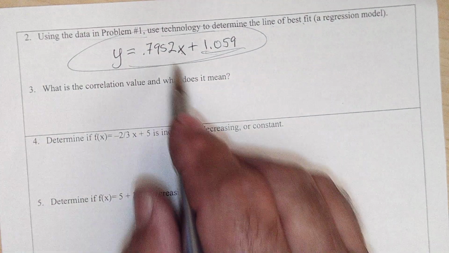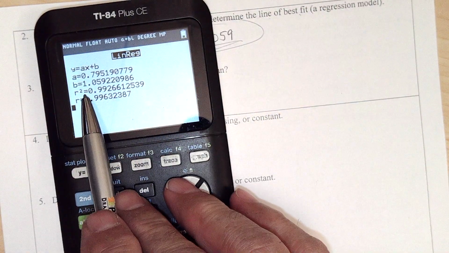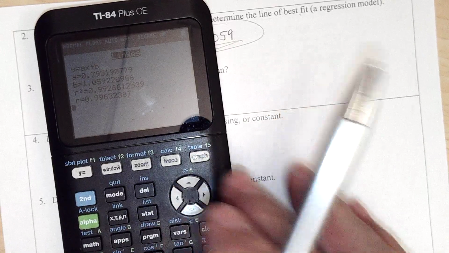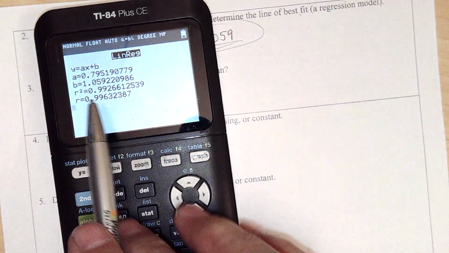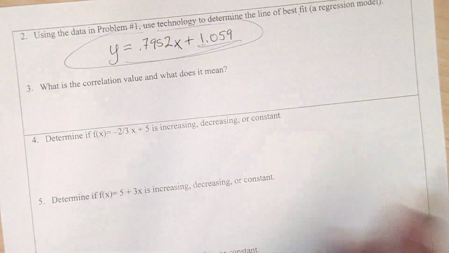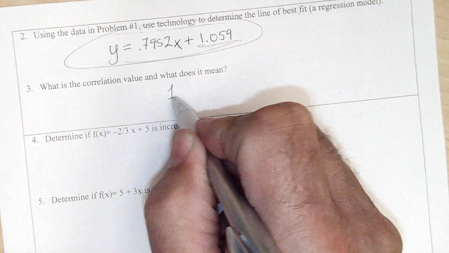Now, how good does this line fit? And that's the r squared or the r. And they're both on this. The data is a pretty good line, and they're both saying 0.99, which is really close to 1.